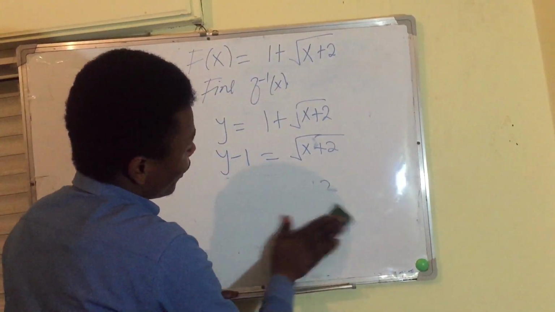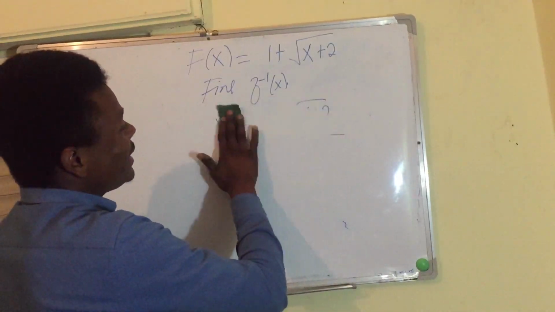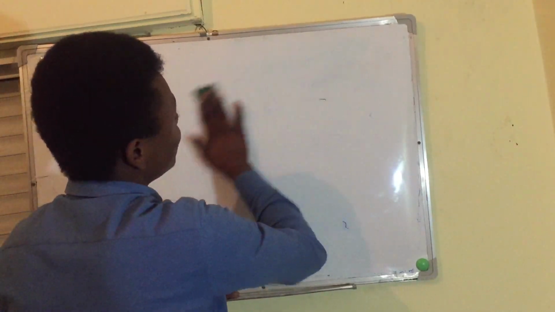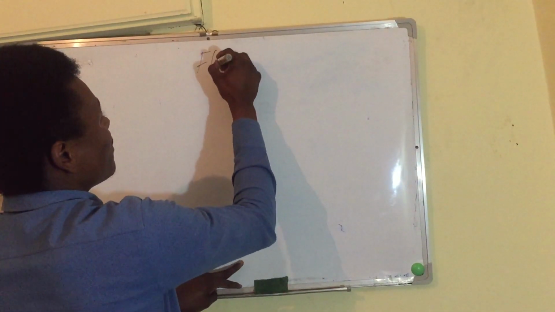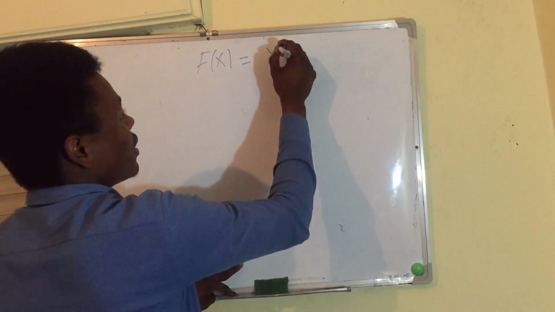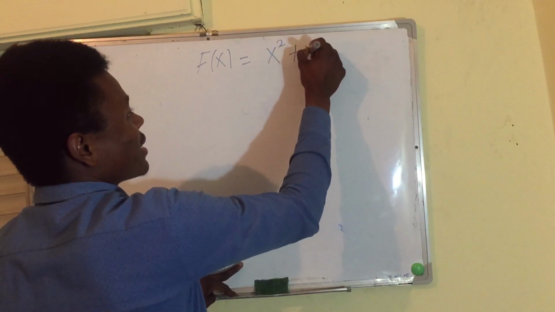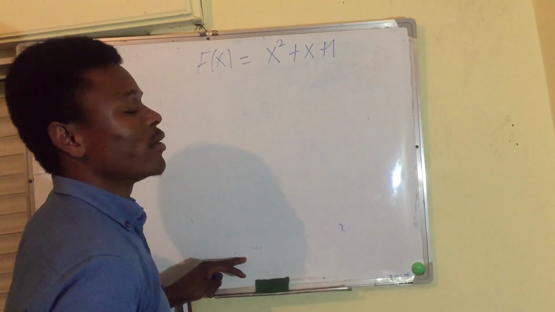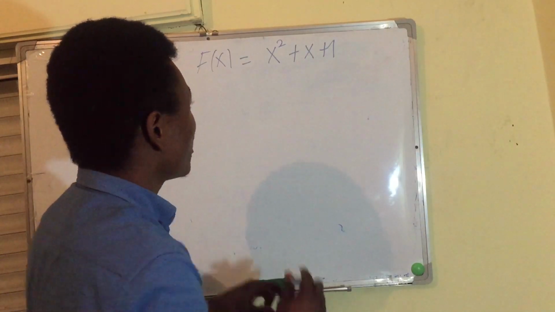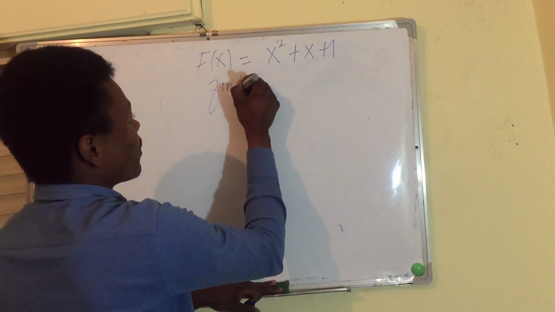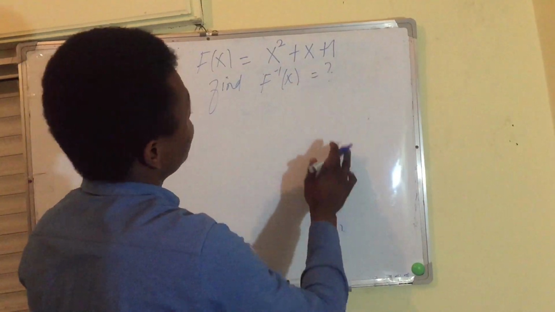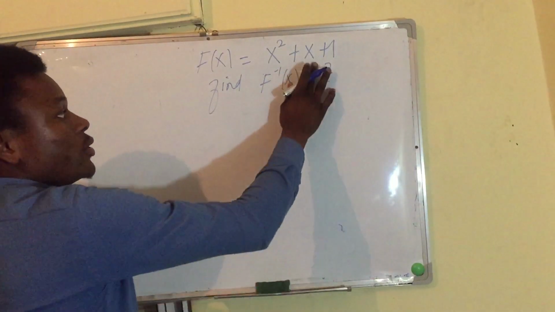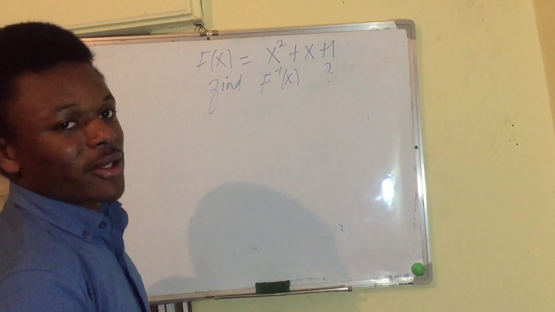So yeah, yanzu let us try and solve irin wannan. Misali, kana da f of x equals to x squared plus x plus 1. Ya za ka yi? Ka gano an ce find f inverse of x na wannan function.